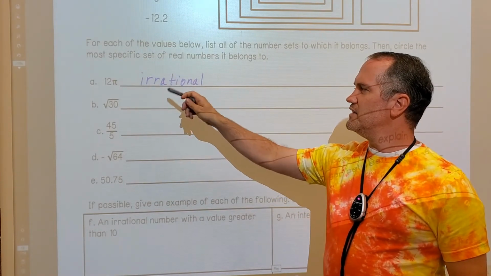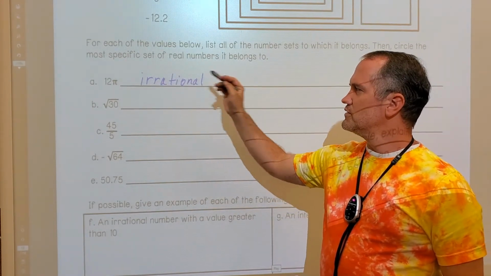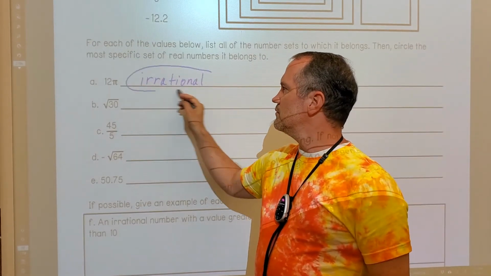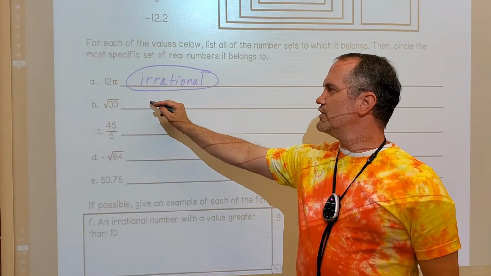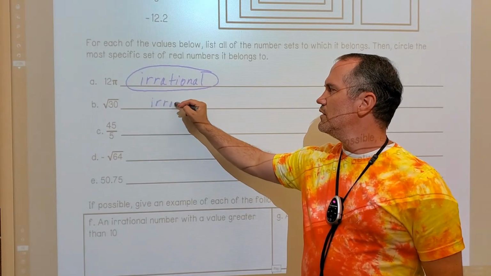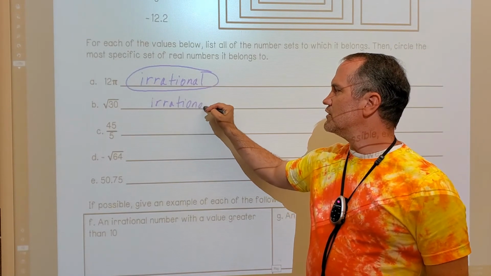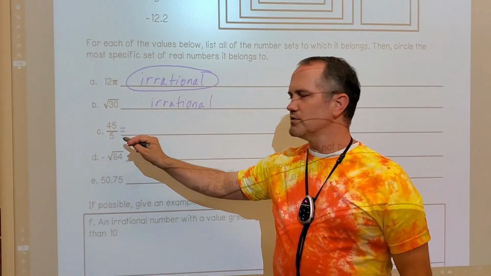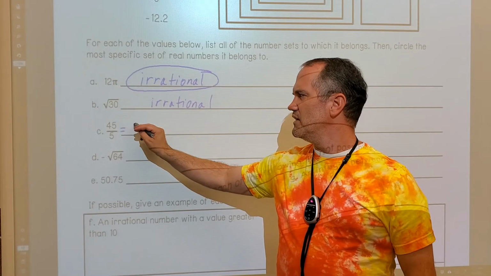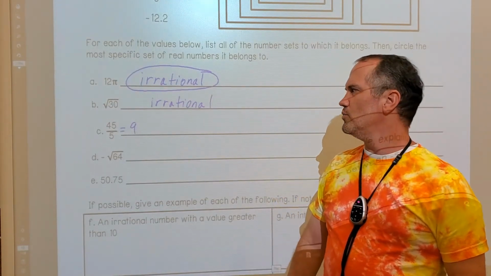So 12 pi is irrational. It's real. So it's most specifically irrational. We're not going to circle all of them. Square root of 30 is also irrational. Okay, 45 over 5, that equals what, 9? I hope.